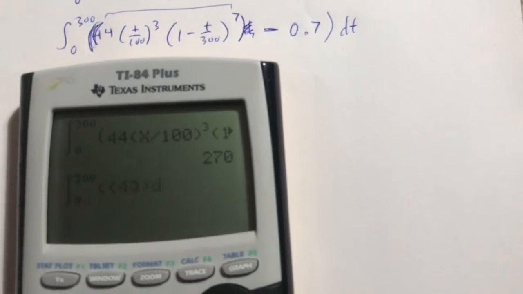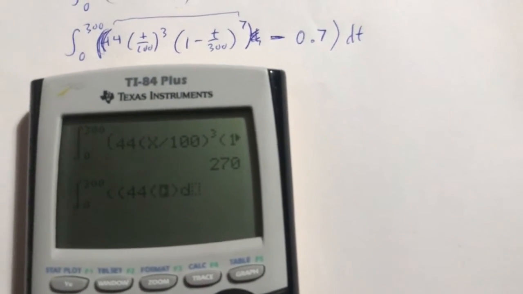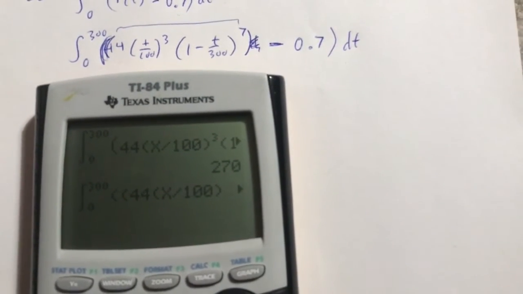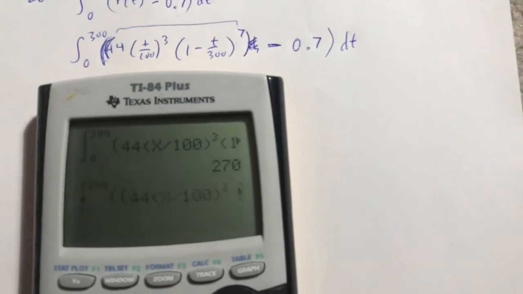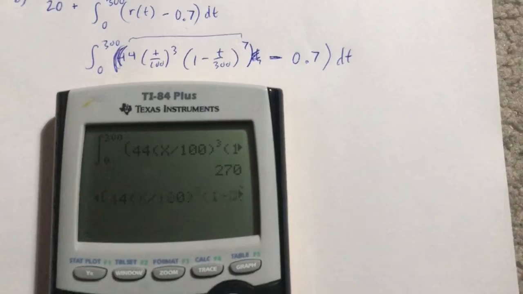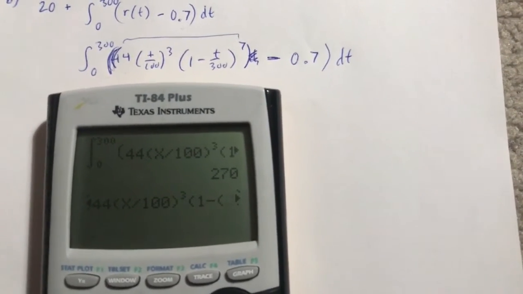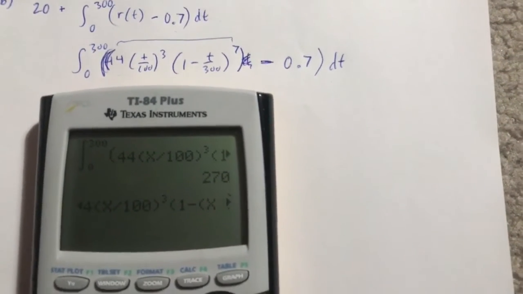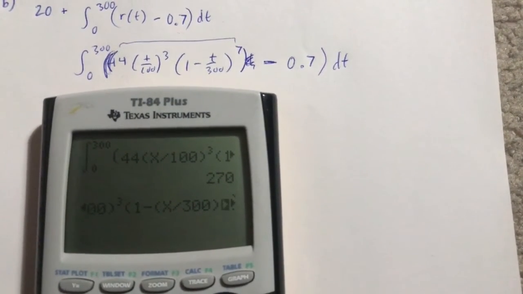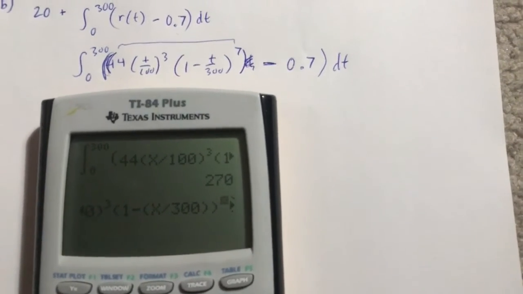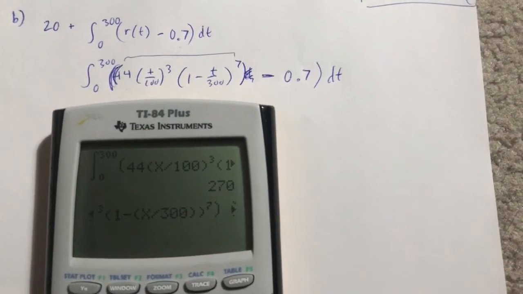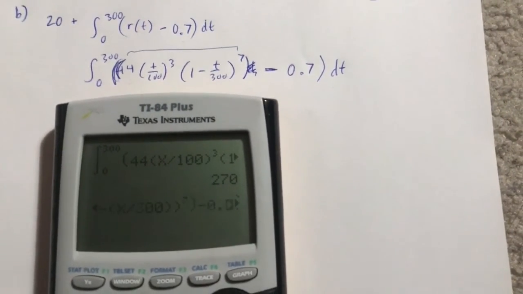I'll type in the same thing, with the 7th power, and we're going to subtract that 0.7.